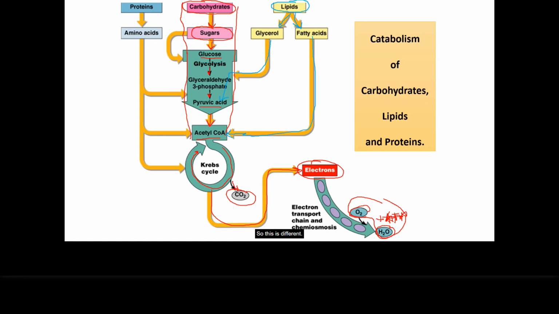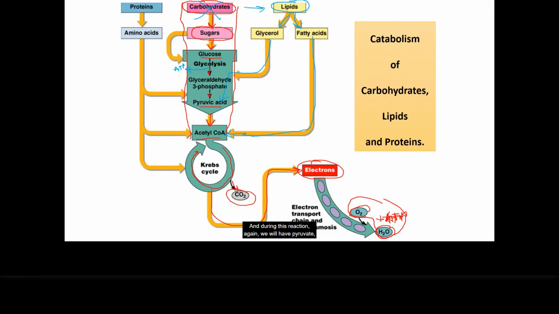So this is different. And remember, during glycolysis, what is happening? We produce actually in here also, not a lot, but some ATP molecules. So when our body lacks carbohydrates, next what will be used? Lipids will be used.